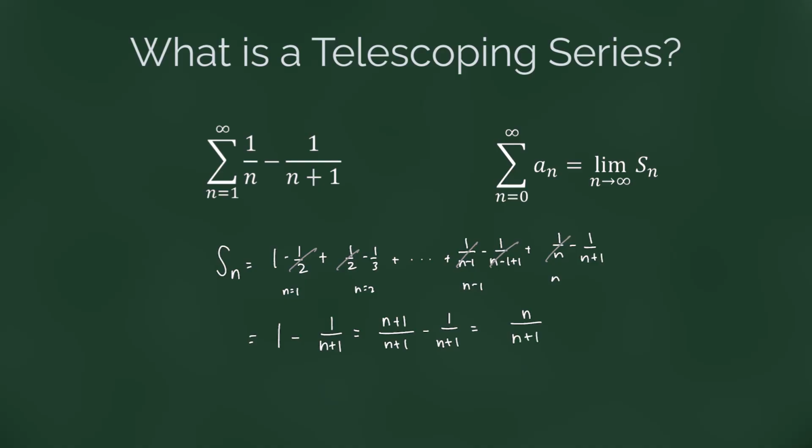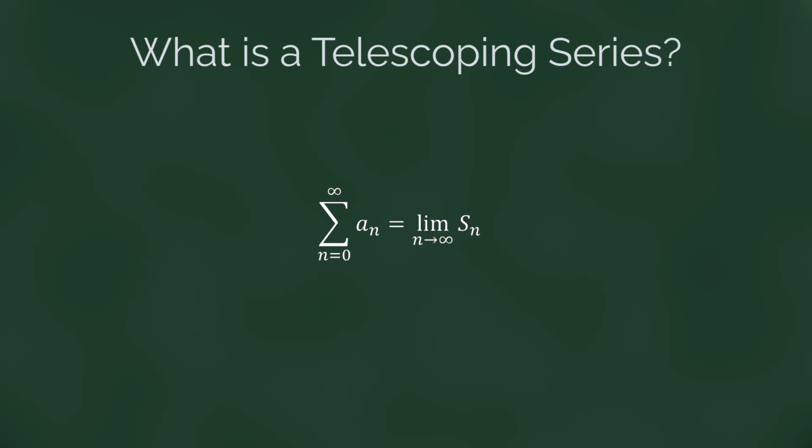And then if we look at the limit as n approaches infinity of our partial sum, that is the limit as n approaches infinity of n over n plus 1, and we know that this is exactly equal to 1.